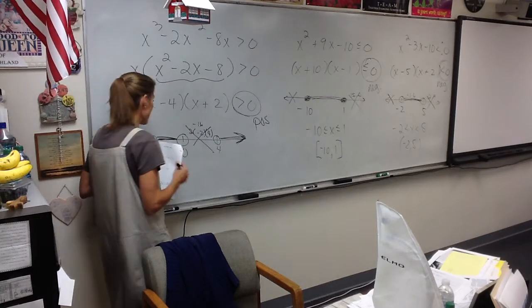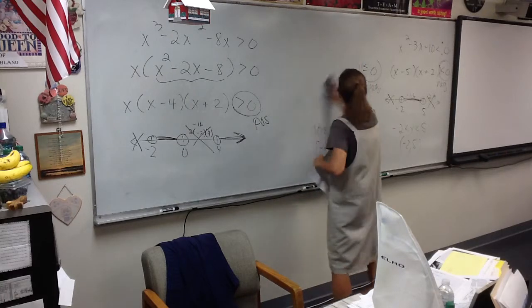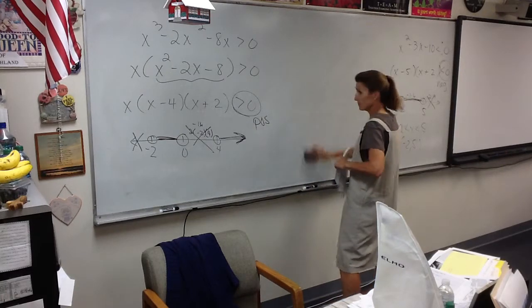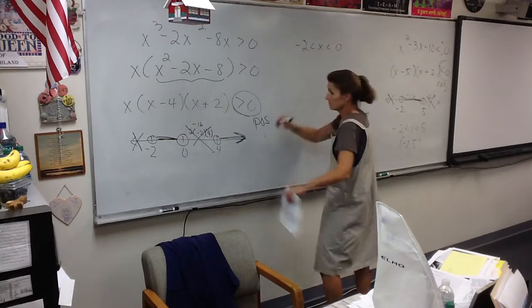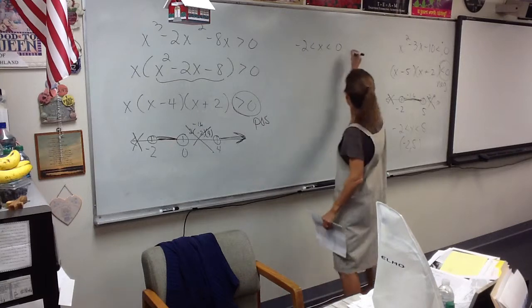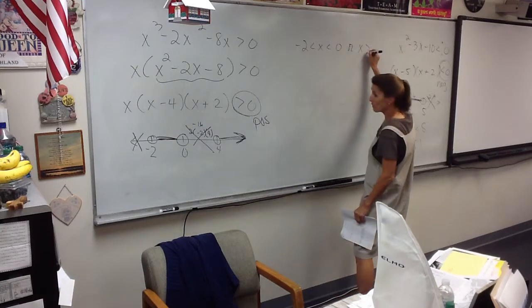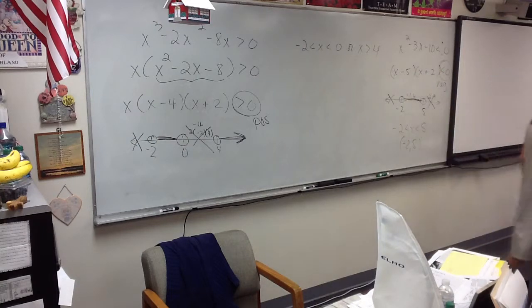So now what's my answer? Well, it's everything in between -2 and 0. This section right here, everything in between -2 and 0. Or everything greater than 4? Yeah. Because those were the two sections that we ended up with shading.